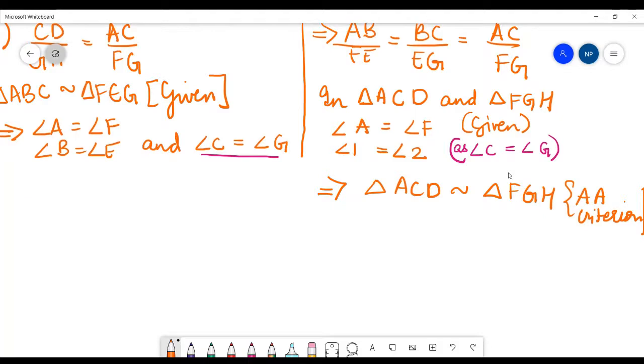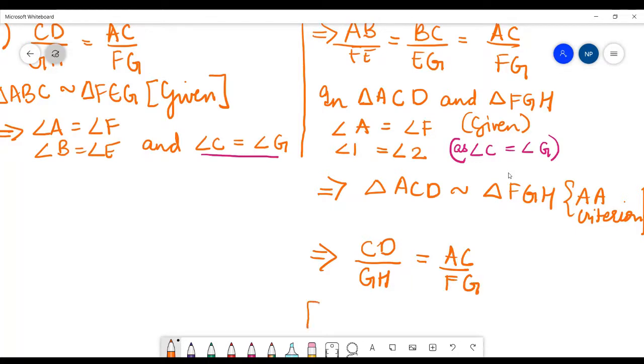And if two triangles are similar, then what happens? The ratios are also the same. That means CD upon GH is equal to AC upon FG.